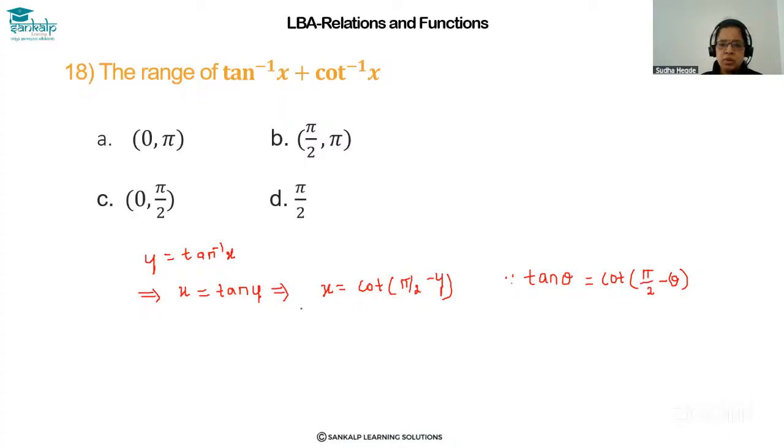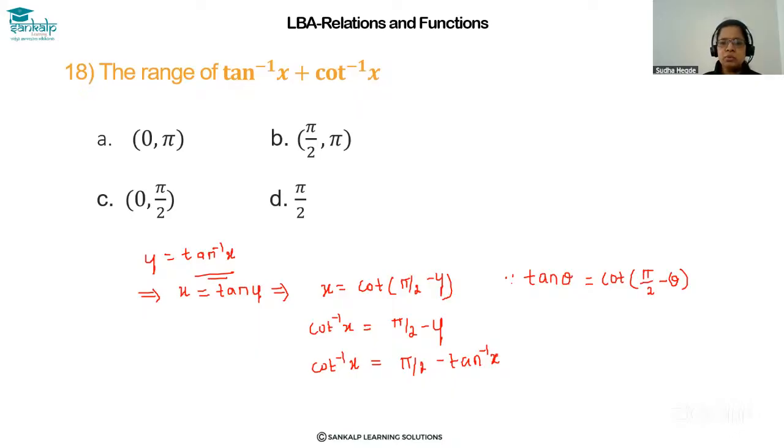Now bring this cot to the other side. So cot inverse x is equal to pi by 2 minus y. Now what is y? Y is tan inverse x. I am substituting it. Cot inverse x is equal to pi by 2 minus tan inverse x. Rearrange.